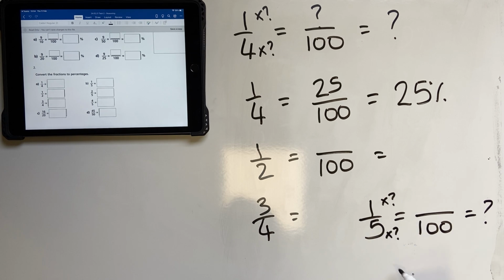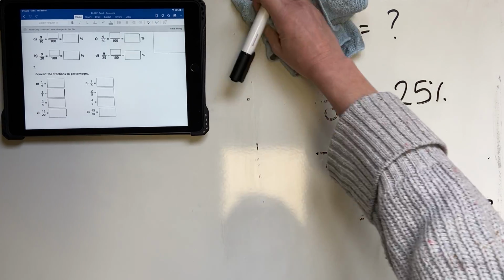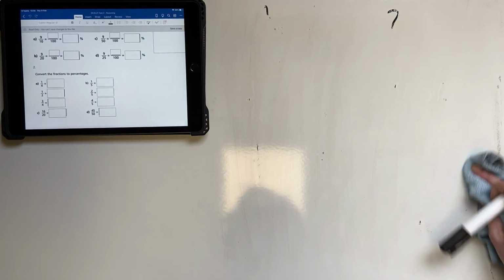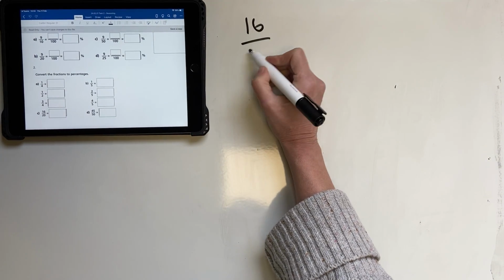Once you know what 1/5 is, then you know what 2/5 are, and then you can use that to help you find out what 4/5 are. And then again, 16, do the same with section C. So C, 16 20ths.